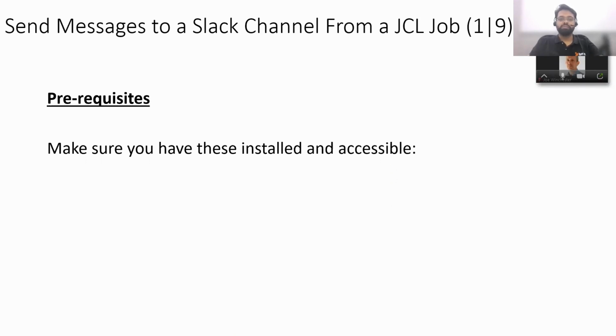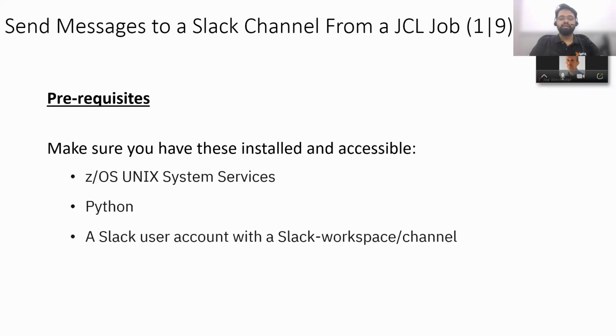So we'll move on to the next part where we will send a message to a Slack channel from a JCL job. And here there are a couple of requirements. You need z/OS UNIX System Services, then you need Python, and again you need a Slack user account with a Slack workspace channel. So the third requirement is unique to this specific use case.